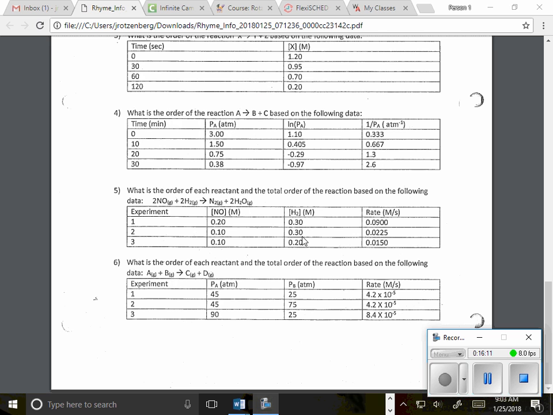If I were to write the rate law for this, it'd be K, which I could actually plug in any of these 3 trials values to solve for K, times the concentration of NO to the second power, the concentration of H2 to the first power.